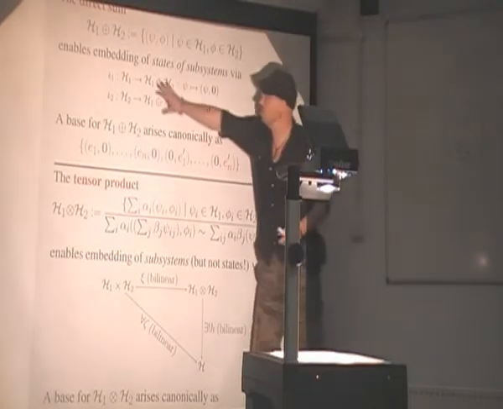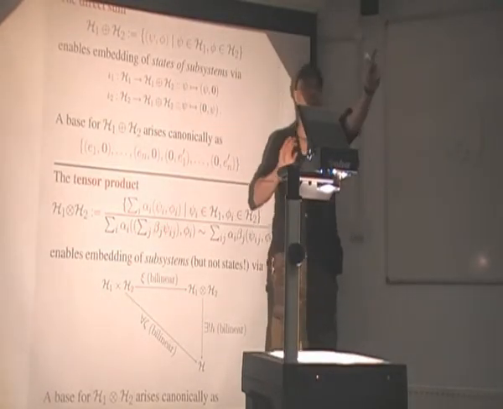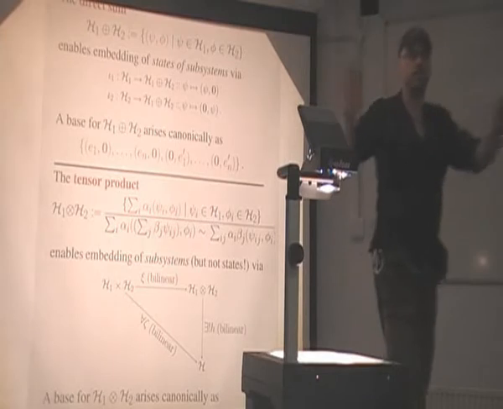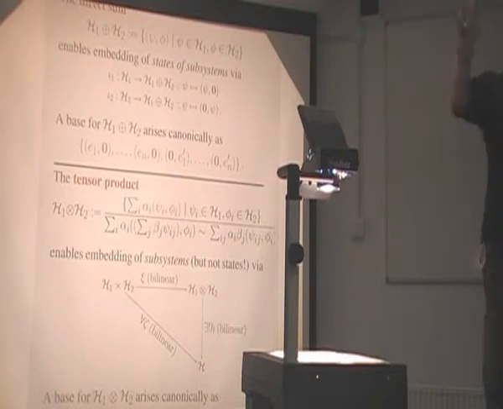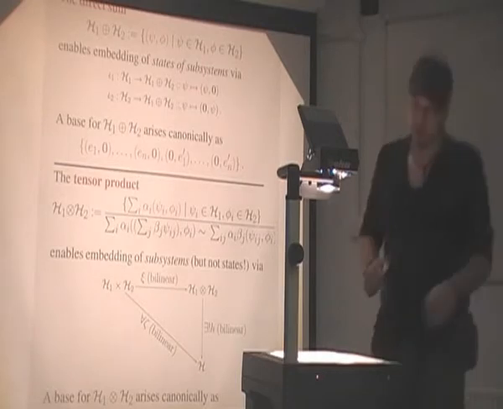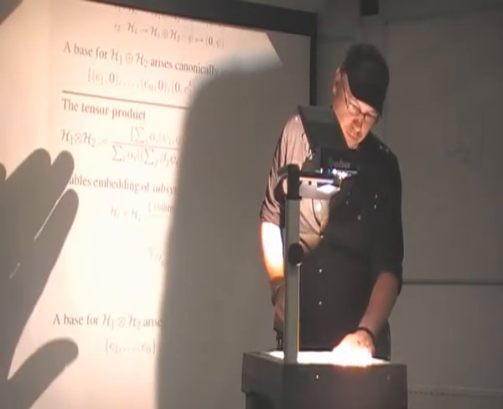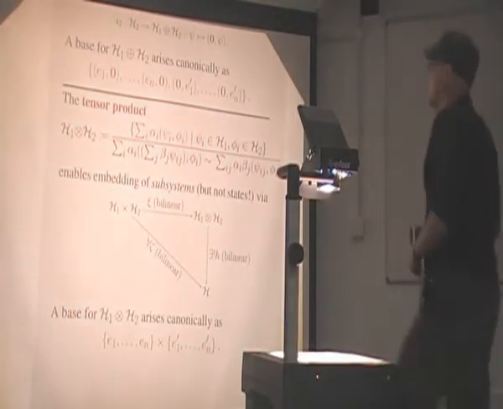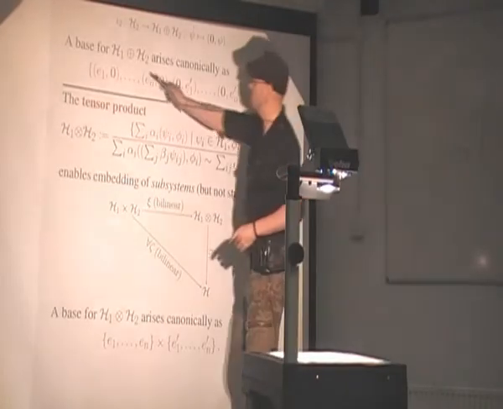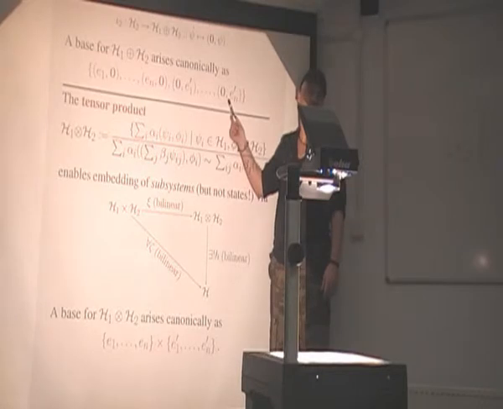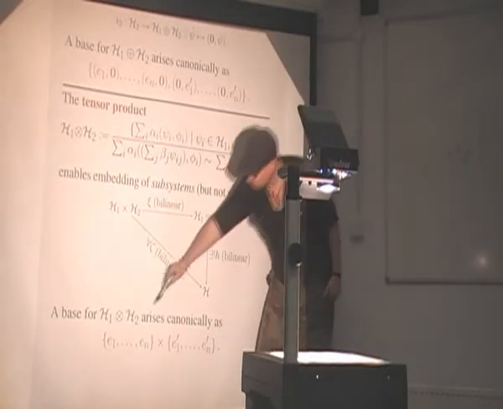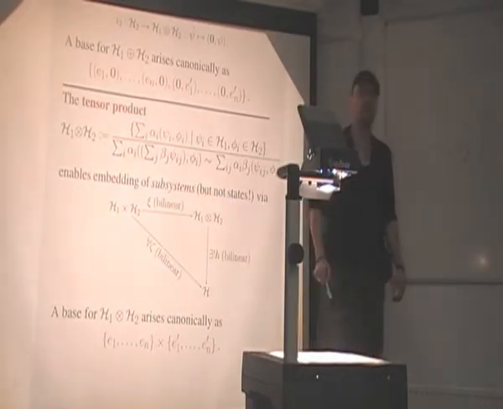But it doesn't have maps which inject the original state into the tensor product. This has to do with the fact that with a tensor product, you shouldn't be thinking of states as pairs of systems. I think the easiest intuition is that the basis of the direct sum is the disjoint union of basis vectors of the underlying spaces, while here you take the Cartesian product of basis vectors.